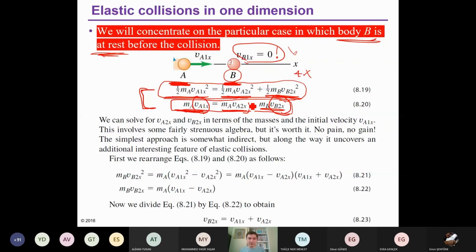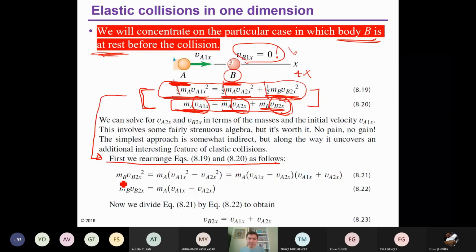So just rearrange these two equations, okay, just rearrange them. Here we have 1/2, 1/2, 1/2. You can cancel these ones, okay? Then you can write this first expression like this. Here we have this one.